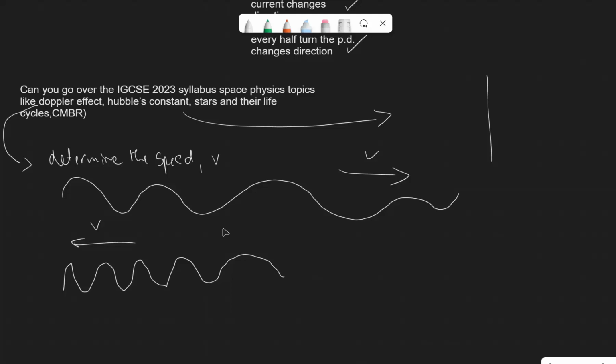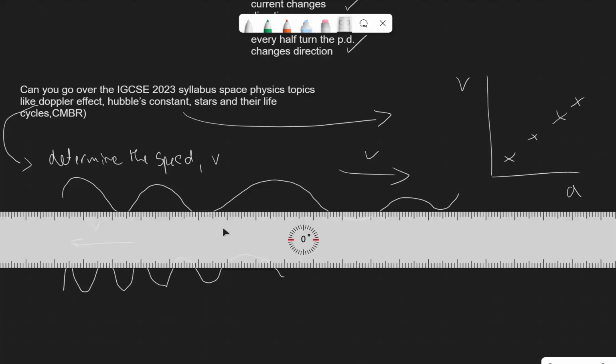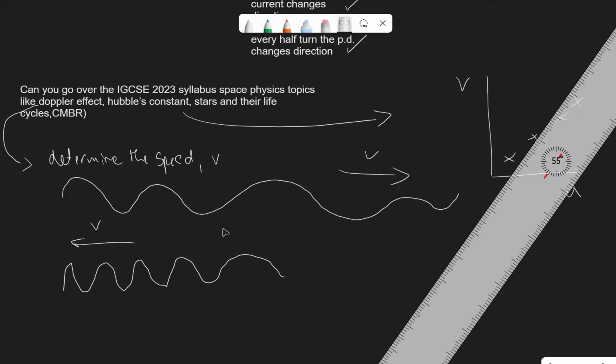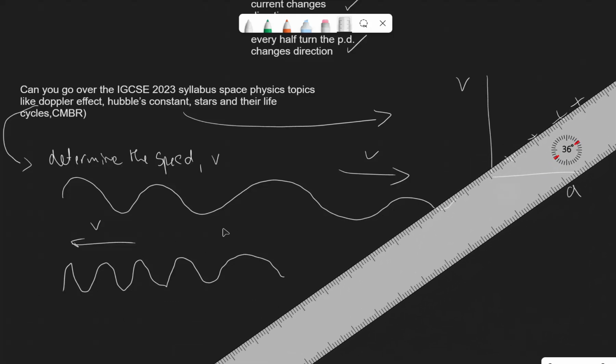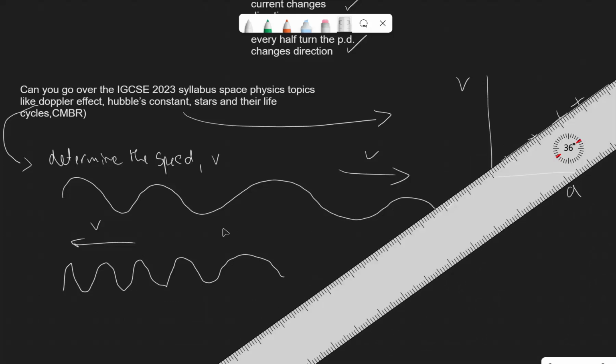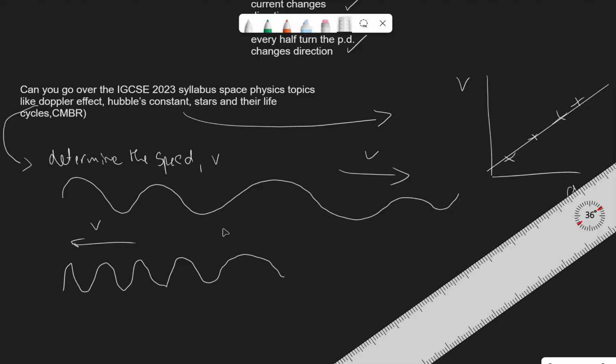A typical graph for this involves the speed of the galaxies against distance from the Earth, and it turns out that there's pretty much a straight line correlation between them, meaning that they are directly proportional. And this here is Hubble's law. This should really be going through the origin, but the speed of a distant galaxy is proportional to its distance from Earth.